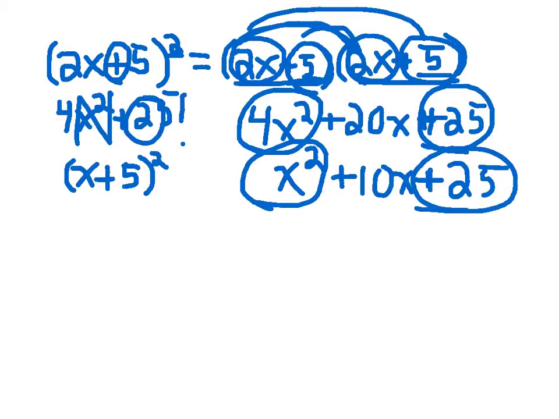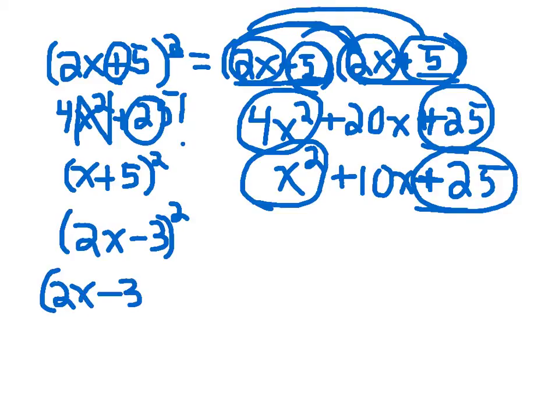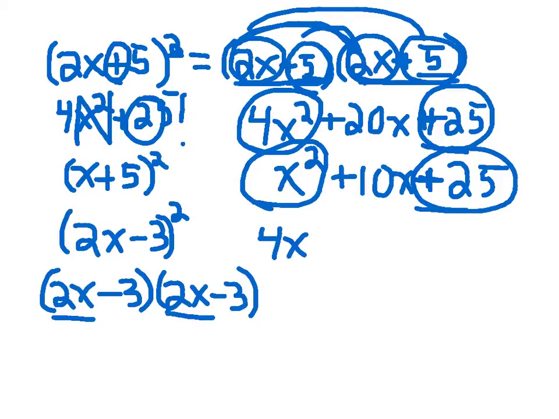And by the way, it has to be positive, because even if I'm multiplying, okay, let's do another one right now. Let's say 2x minus 3 squared. It means I'm multiplying 2x minus 3 times 2x minus 3. Because I'm squaring it, the two binomials are exactly the same, which means their first terms, when you multiply them, are going to give you a perfect square.